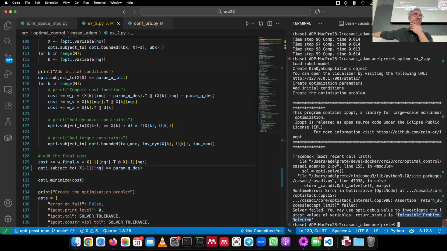You're starting here, you have a horizon of like 60 milliseconds, and you're saying that at the end of the horizon, you should be there. Is that feasible? No. So that's not the terminal constraint that we need. What did we say about the terminal constraint set?